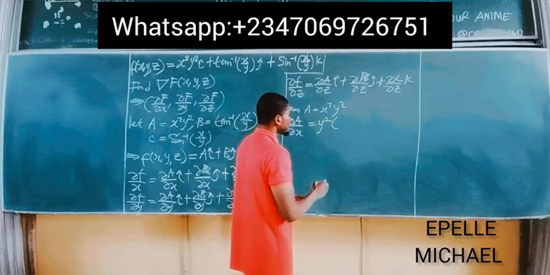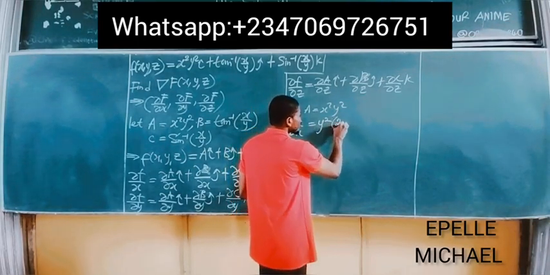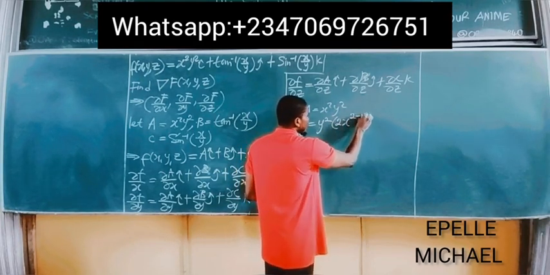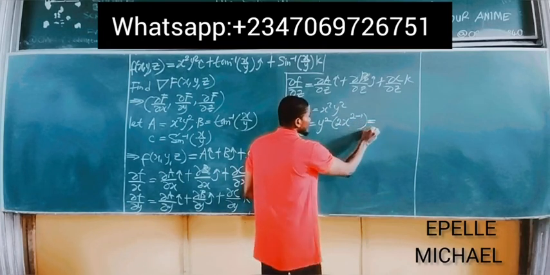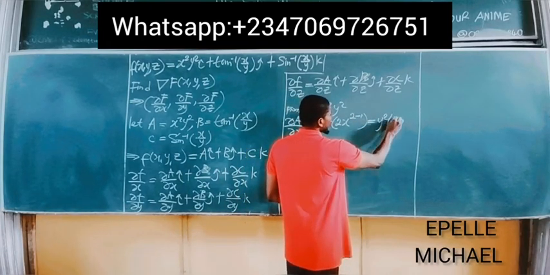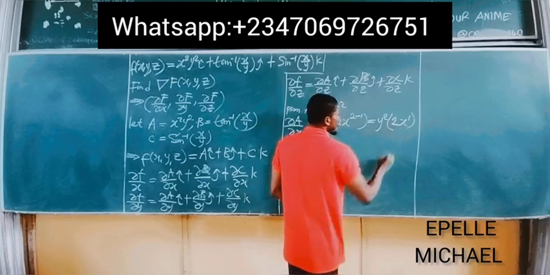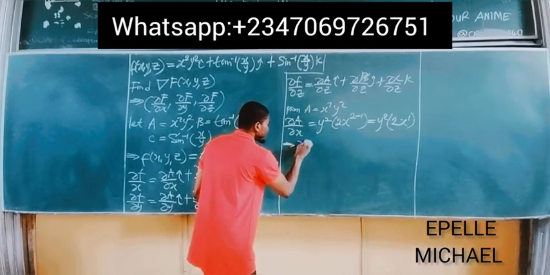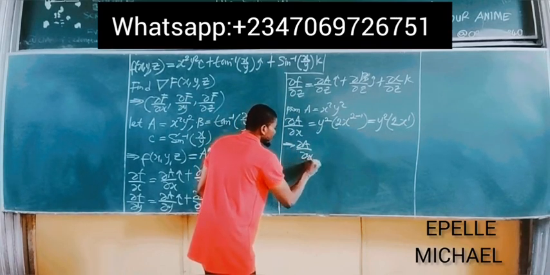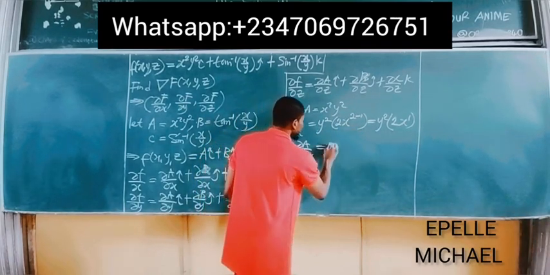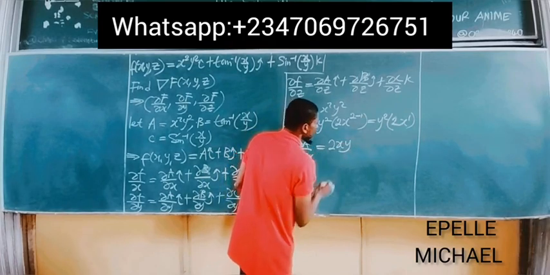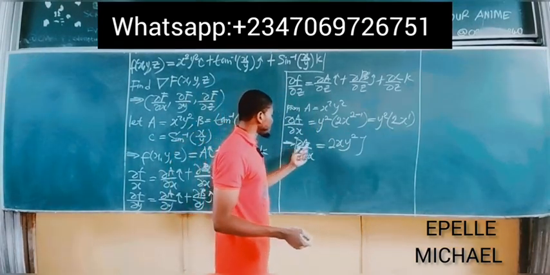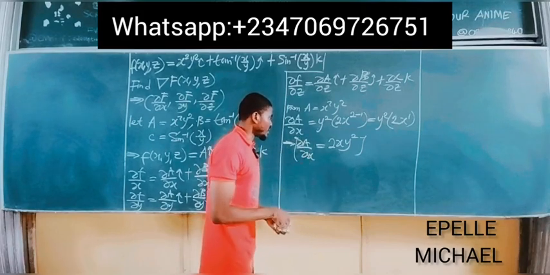If I differentiate x squared, use the power of x, 2, to multiply x, then subtract 1 from the power, 2 minus 1. This is equal to y squared times 2x to the power of 1, since 2 minus 1 is 1. Therefore, the partial derivative of a with respect to x is 2xy squared.